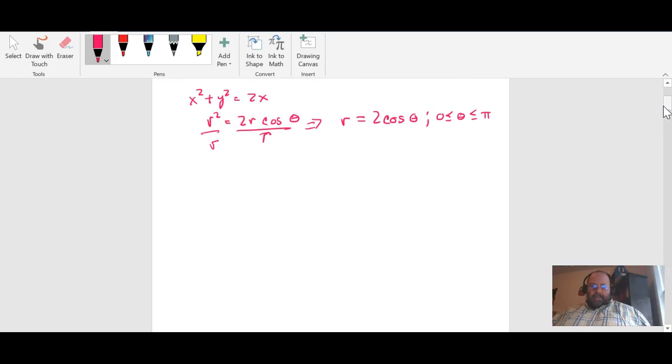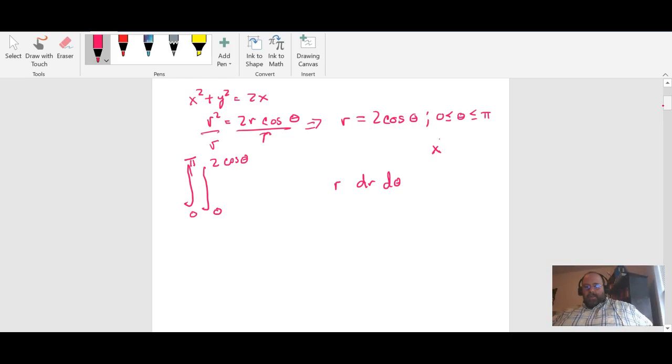So that set us up with our integral, right? Our integral had to have the r dr d theta. The theta had to go from 0 to pi, and the r had to go from 0 to 2 cosine theta.